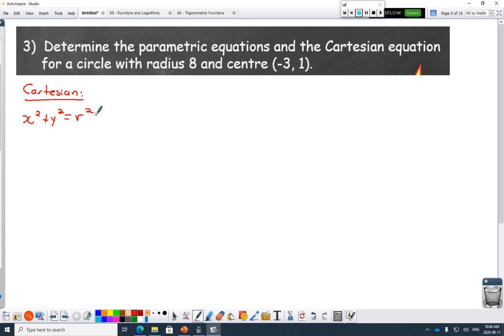And I'll call that new information today, even though you did see it in 10 academic in one random day. Then you see that the center's -3, 1. The next part of it is to go, oh wait, that's not right. No. It's going to be (x minus h) squared plus (y minus k) squared.